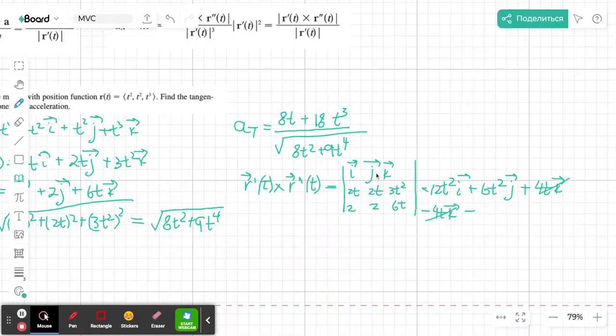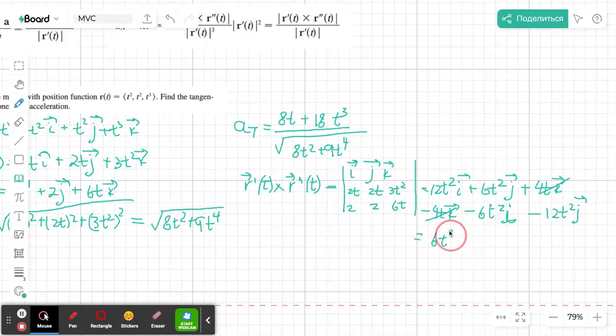Then we subtract 3t squared times 2, 6t squared i, and then we subtract 6t times 2t, that is 12t squared, if I'm not mistaken, j.